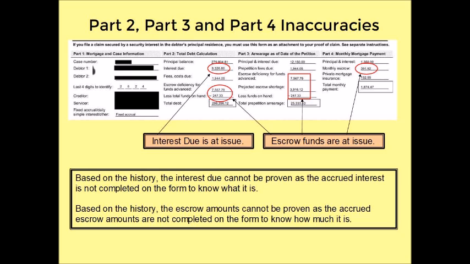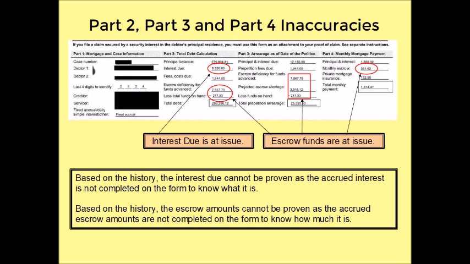And then finally in Part 4, you see that they have a monthly escrow amount that they're claiming. That's generally going to be problematic, because if you haven't accumulated the escrow properly on the previous page in the history, your starting point for determining what the escrow payments are going to be post-petition are going to be problematic.